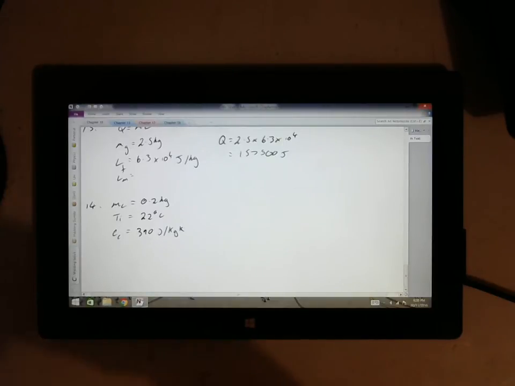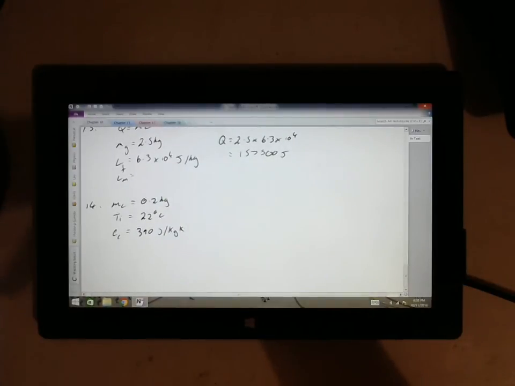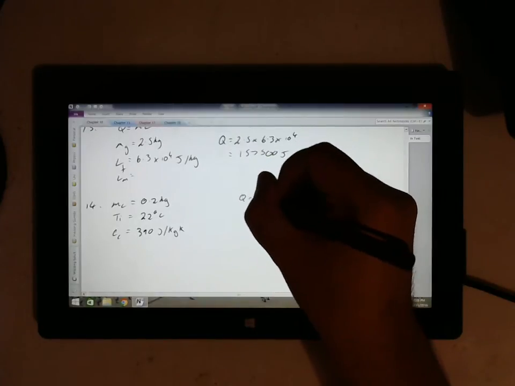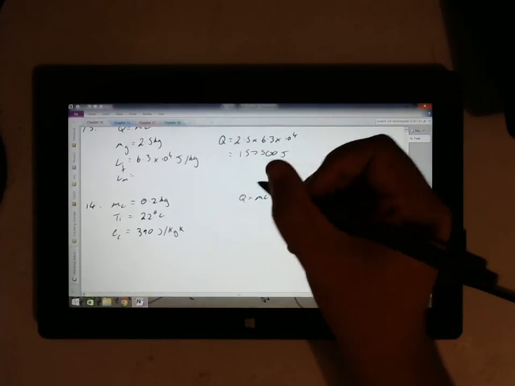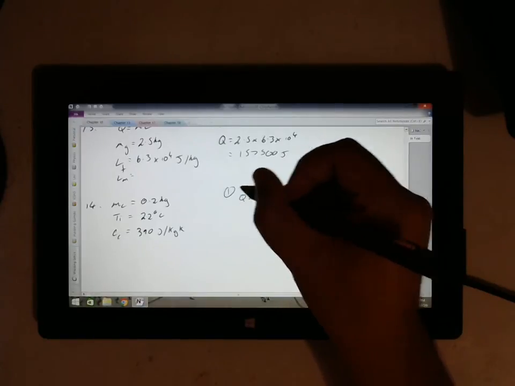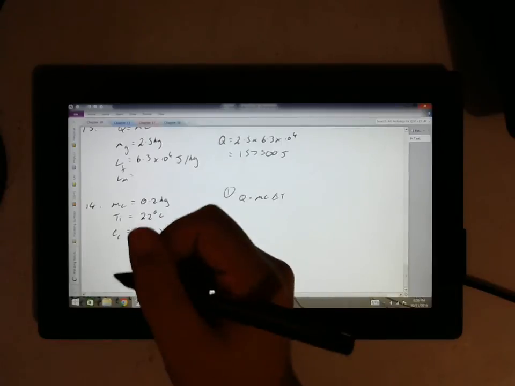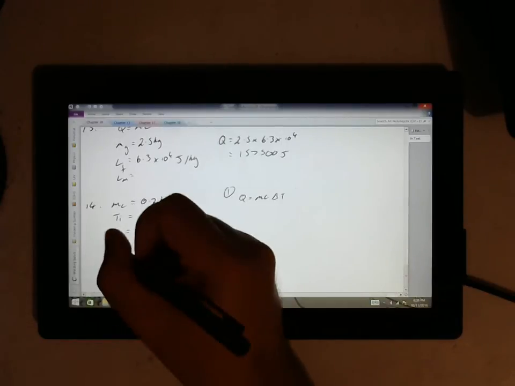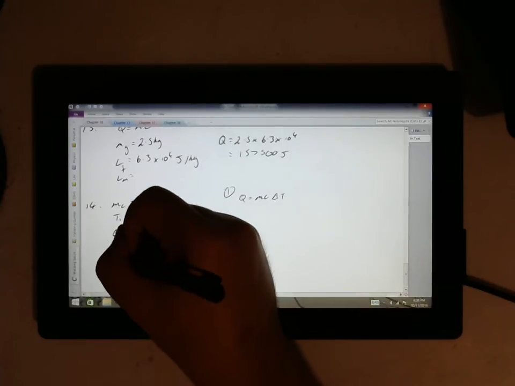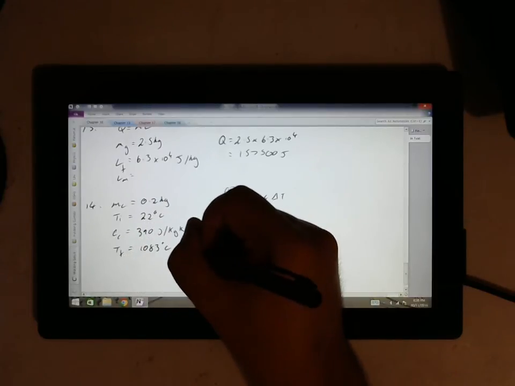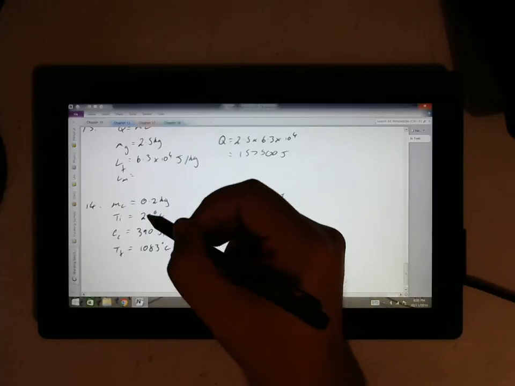We're adding this heat, and when we're first adding this heat, it's only 22 degrees, so we're going to heat it up, and that means that it's going to be part of our Q equals MC delta T. That would be the first part of this story. It's being heated up. Well, what's it heating up to? We're told that it melts at 1083 degrees Celsius. So our final temperature must be 1083 degrees Celsius. So our delta T equals, well, what's the difference?